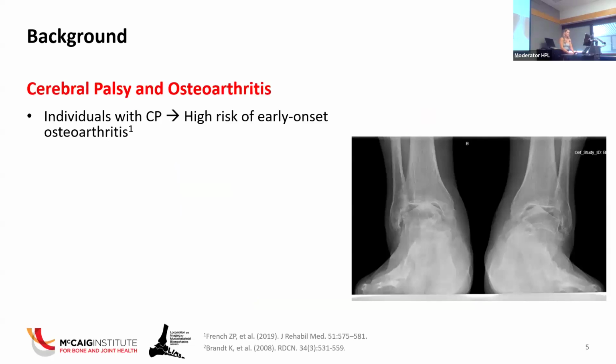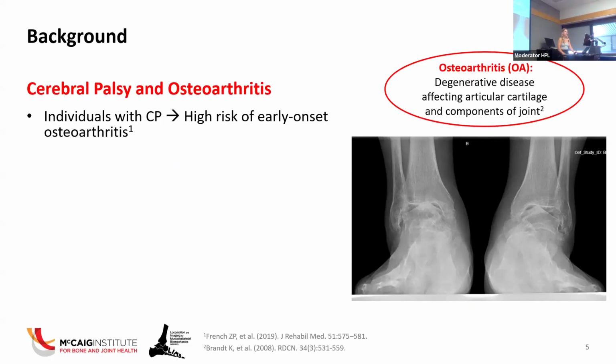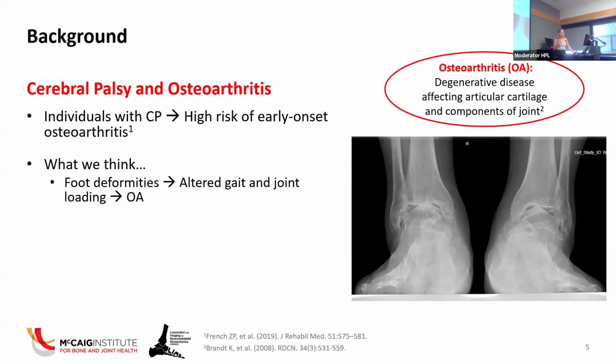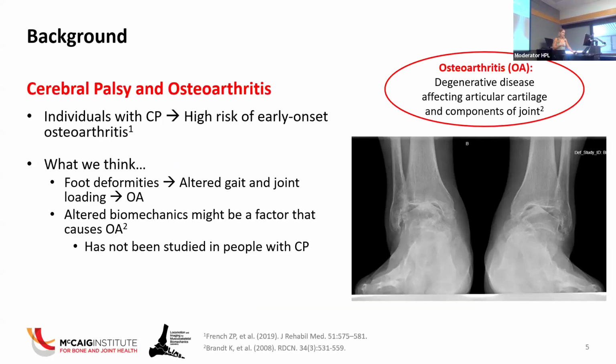Now, individuals with cerebral palsy are also at a high risk of osteoarthritis, where osteoarthritis, or OA, is a degenerative joint disease that impacts the bones and surrounding cartilage of the joint. Now, we don't know for sure, but what we're thinking is that these individuals are at a higher risk of earlier onset arthritis because of their foot deformities, or in part because of their foot deformities, which then lead to an altered gait, altered loading, which could then lead to osteoarthritis.